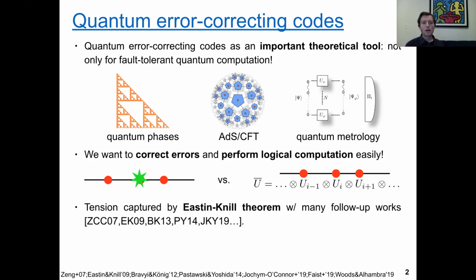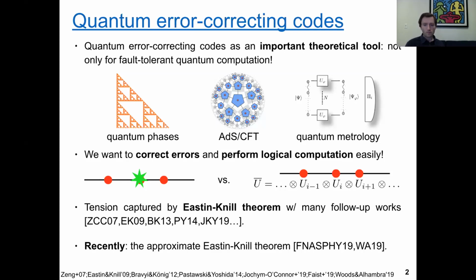And this tension is captured by the Eastin-Knill theorem, and there have been also many follow-up works which capture this difficulty. So if we have good error correction, we can protect logical information from the detrimental effect of noise on the encoded logical information. Usually, this means that it is difficult to compute on that encoded information.